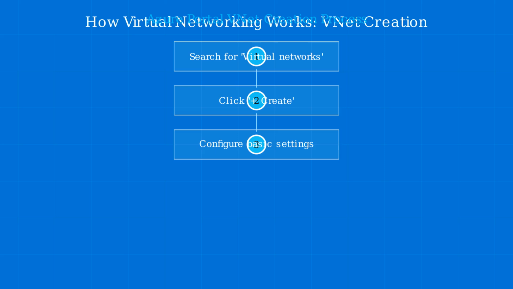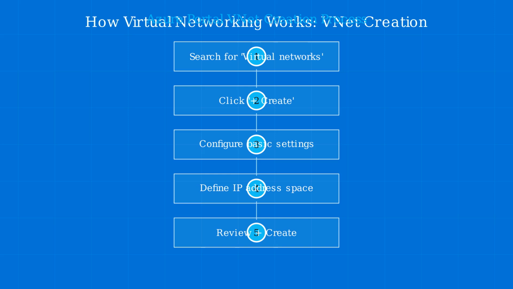On the Basics tab, configure essential settings like subscription, resource group, name, and region. Define your IP address space on the IP addresses tab. This is where you'll enter your CIDR block. Finally, review your settings and click Create to deploy your virtual network. Once created, your virtual network becomes the foundation for deploying resources in Azure.